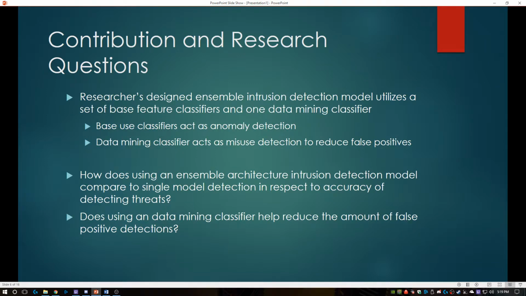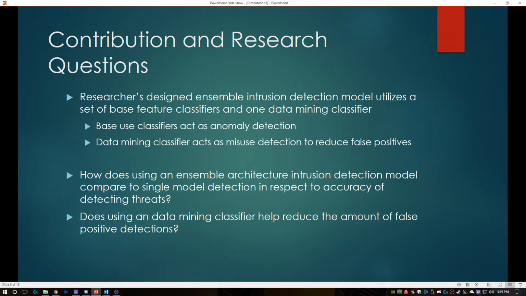So in this article, the researchers designed an ensemble intrusion detection model which utilizes a set of base feature classifiers and one data mining classifier. These base classifiers act as an anomaly detection, and the data mining classifier acts as a misuse detection to reduce the amount of false positives found.